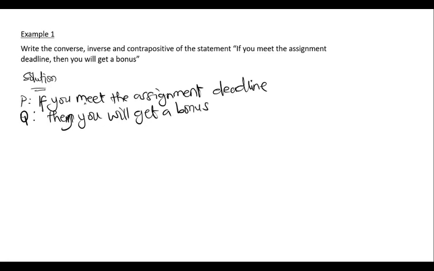Now that we have these two statements, let's write the converse. The converse of this statement is Q implies P. Q implies P can be written by bringing Q first, then a comma, then adding P. So the converse of this statement is written as: if you get a bonus, then you have met the assignment deadline.